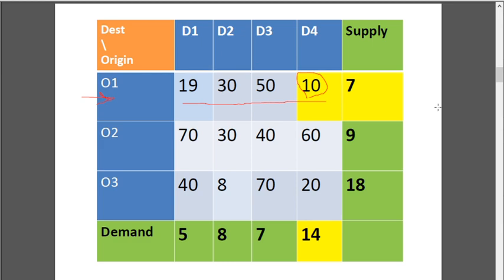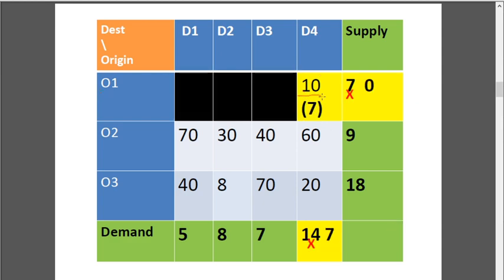Once you select this cell, the respective supply and demand for the selected cell are 7 and 14. So from 7, I can satisfy only 7 units. So only supply 7 units for the destination.